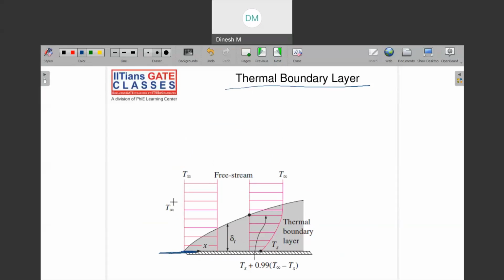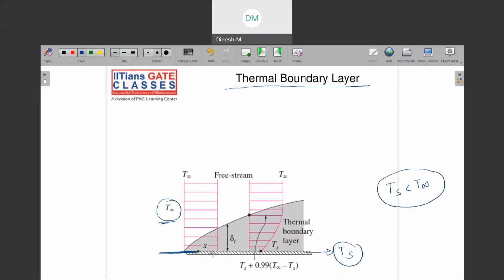So similarly here, let us say there was a free stream whose temperature was T infinity and came into the picture with a surface whose temperature is, let us say, Ts. And let me say that my Ts is less than T infinity. My surface temperature is less than the free stream temperature.